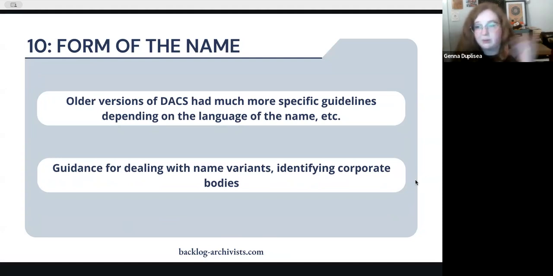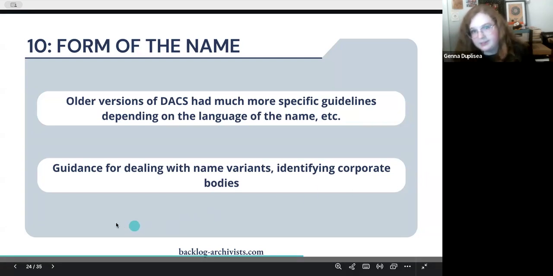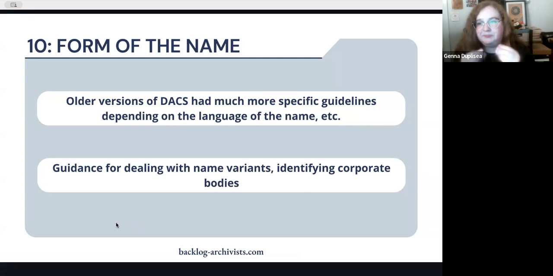Or what about Icelandic last names, which are all patronymics? So the newer version of DACS does not include all of that really specific cultural information. Instead, it provides guidance on dealing with name variants and also identifying corporate bodies. So it's a lot less complicated. Next slide, please.